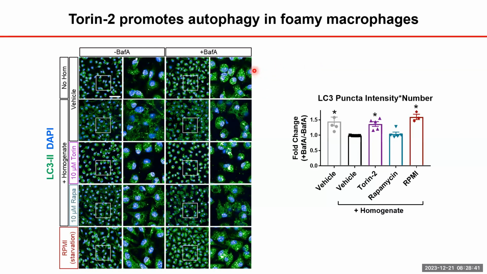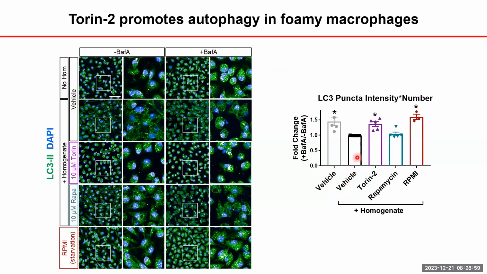If you don't, then you'll never really know the flow rate. So if you want to study the flux of autophagy, you need to add bafilomycin so that you stop the degradation of the autophagosomes and can see them accumulate over time.